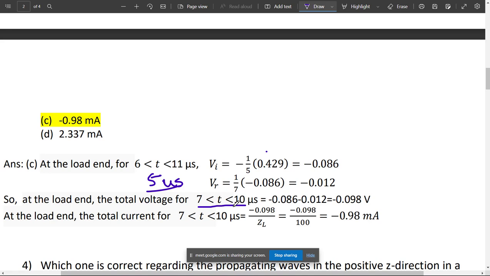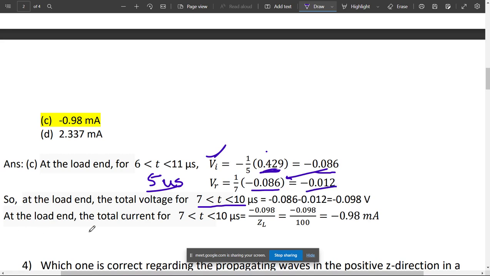Okay, so at the load end Vi will be again the reflected one, into gamma g minus gamma g, which will be equals to this. And similarly, this value came here, again reflected, so it will be gamma L into the reflected wave, which will be equals to this.